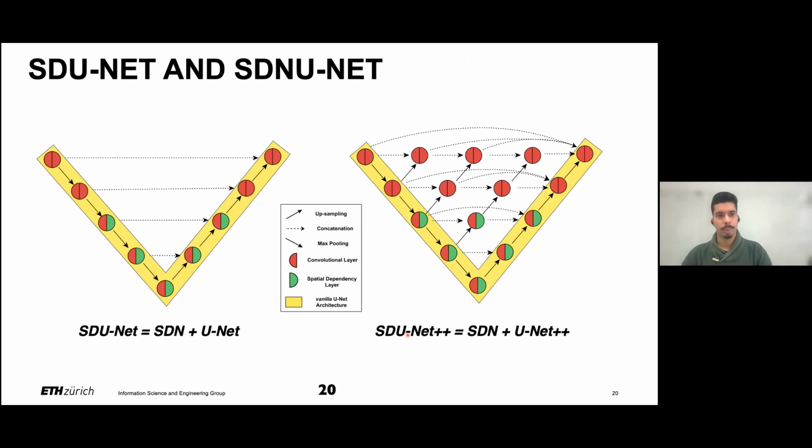So how did we implement this? Our goal here was to compare these spatial dependency networks with some baselines. And for that, we looked at UNet, which is the go-to network for medical image segmentation.